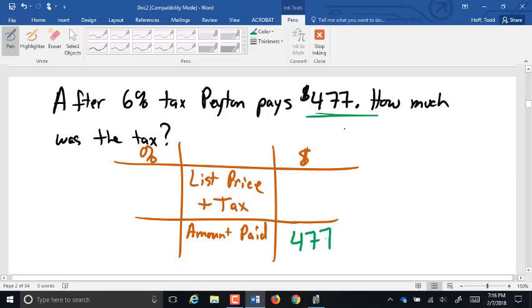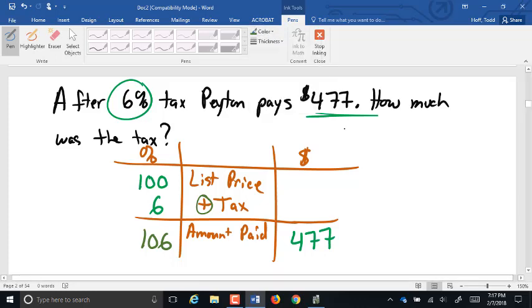That's the amount paid, 477. That's dollars, so it's going to go on the dollar side for the amount paid. What do we know on the percent side? 6% goes with the tax. What else do we know on the percent side? Well, we always know the 100%. So now then the amount paid has to be 100 plus 6, because we add the tax. That's 106%.